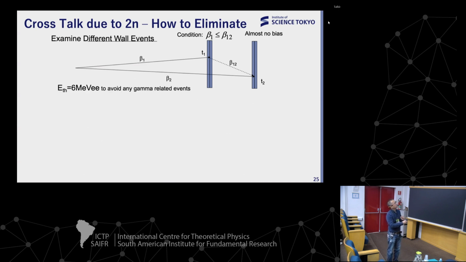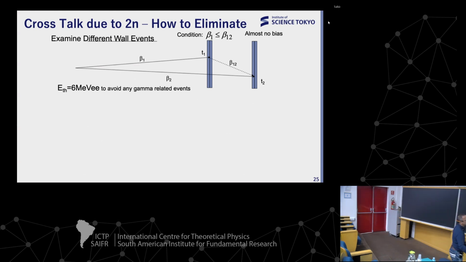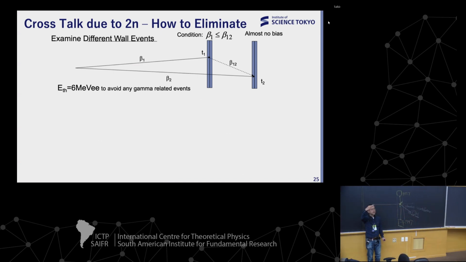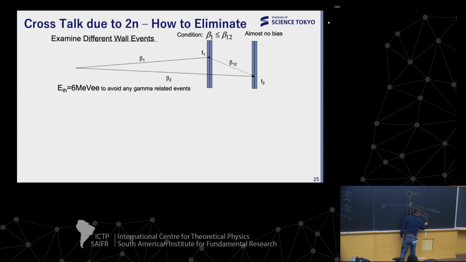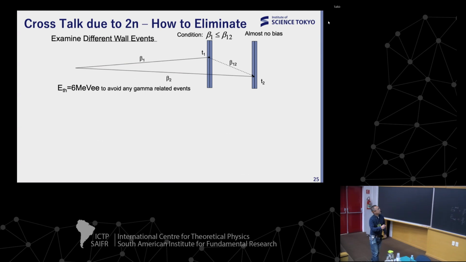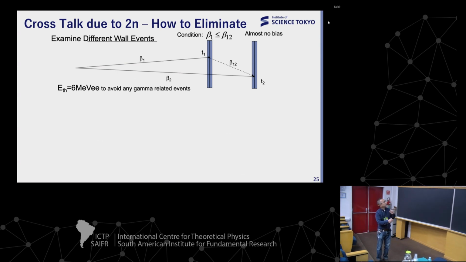Also, this is a kind of detail, because I think theoreticians, lecturers, explain a lot of equations, and I think I should explain the experiment more. Sometimes gamma rays can be emitted from here, because carbon can be excited to the 2+ state, which can emit gamma rays. This is a kind of annoying background, so I set the so-called threshold, 6 MeV EE. Maybe you don't know what it means.